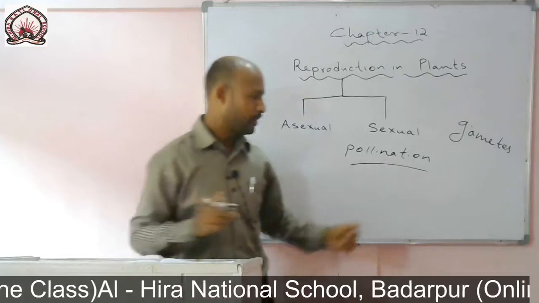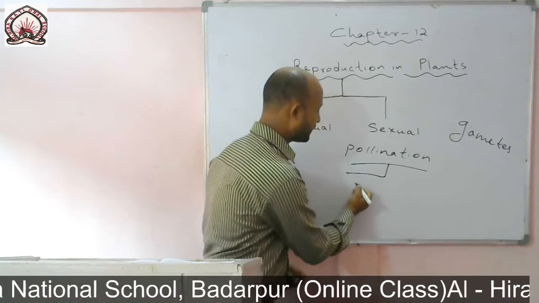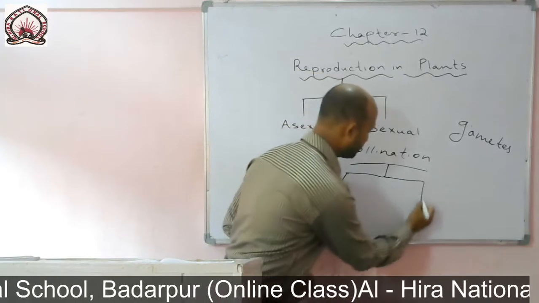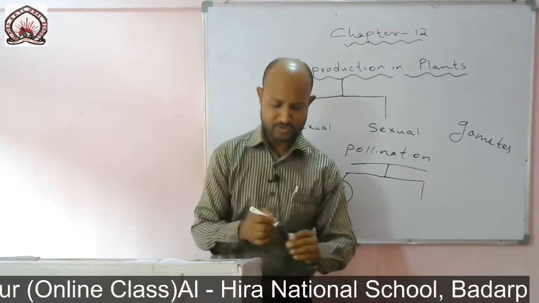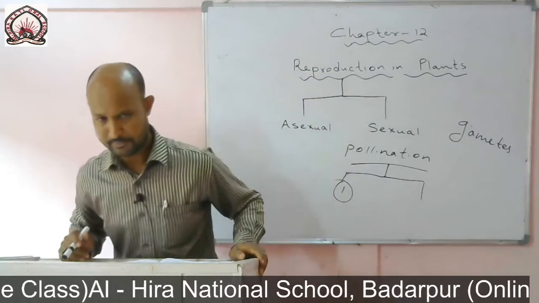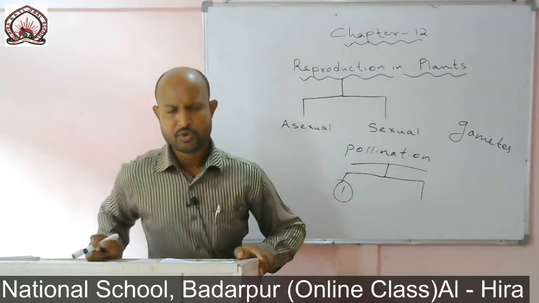But if we talk about pollination once again, then we find that pollination is of two different types. The first type of pollination is known as self-pollination. Okay, let us learn about self-pollination first.